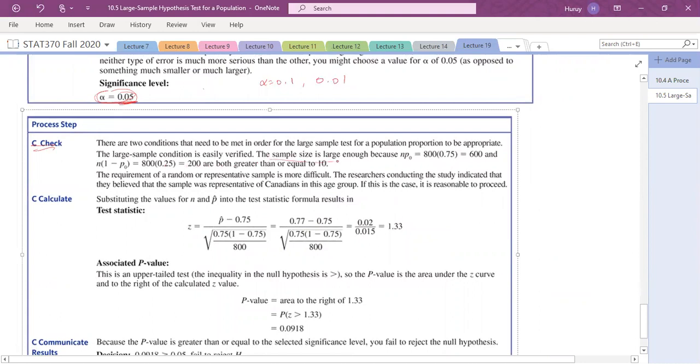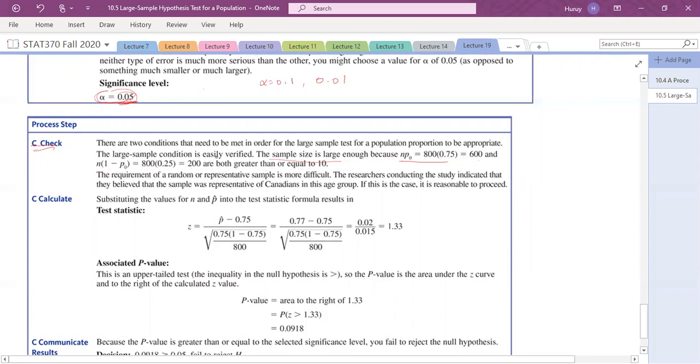To check this, you just check n times p sub naught, where n is 800 and p sub naught, the hypothesized value, is 0.75. So the product is 600. And n times 1 minus p sub naught is 200. Both of them are greater than 10. Therefore, the sample is large.